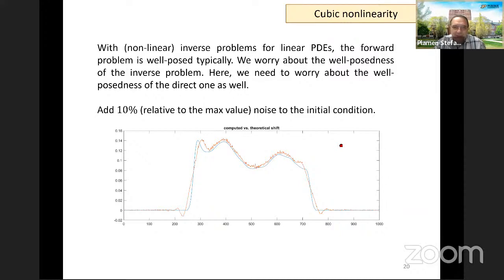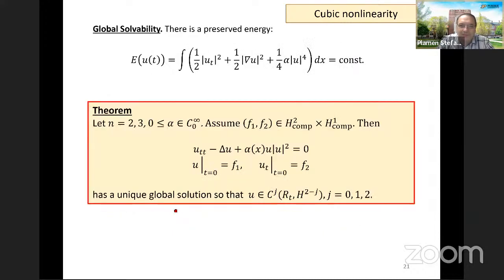And we just add 10% noise to the initial condition. Again, I talk about the direct problem, not even the inverse one. And this is what I get here. So you see the noise creates some fluctuations, but that doesn't really look so bad compared to the previous picture. Of course, the Gibbs effect is still here, right? But I'm talking about the effect of the noise. It doesn't really destroy the data.